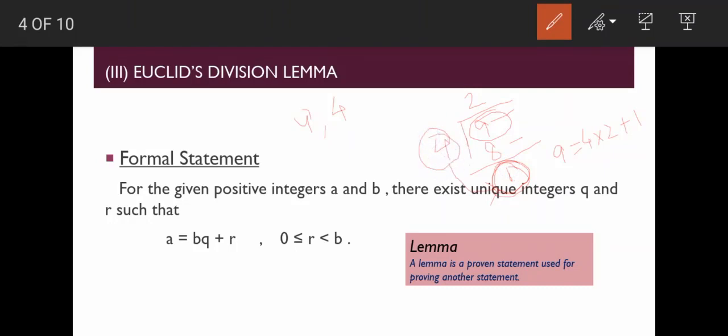Then only the method of division will be correct. In a particular division, we must get the remainder as either 0 or non-zero, a zero remainder or a non-zero remainder which must be less than the divisor. So this is the condition to be followed here in Euclid's division lemma.